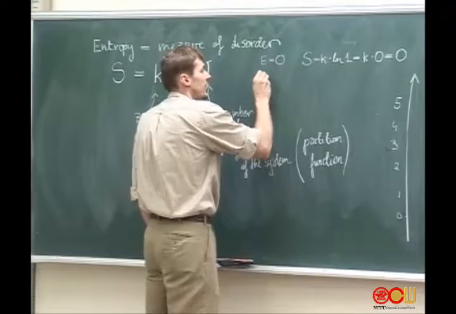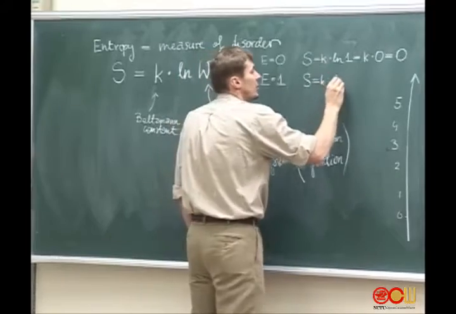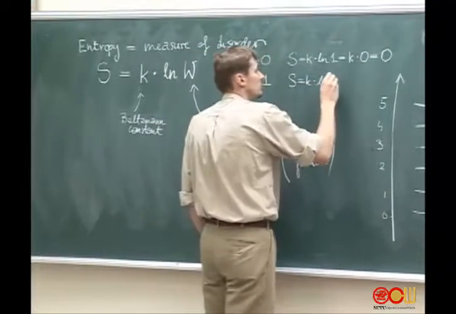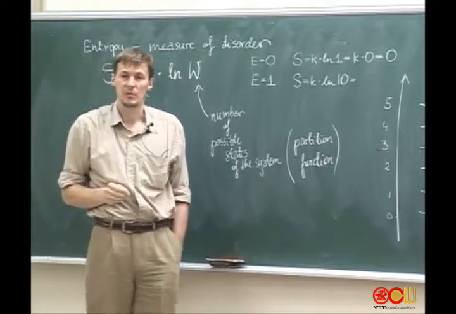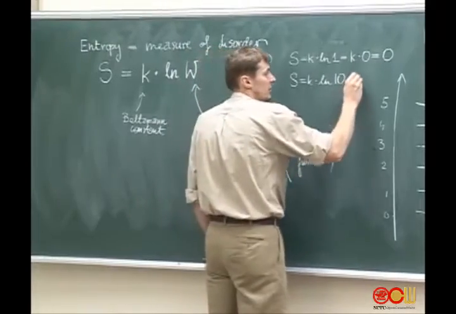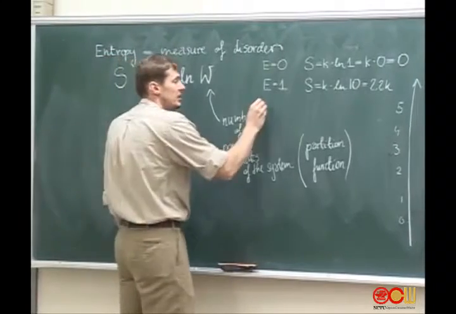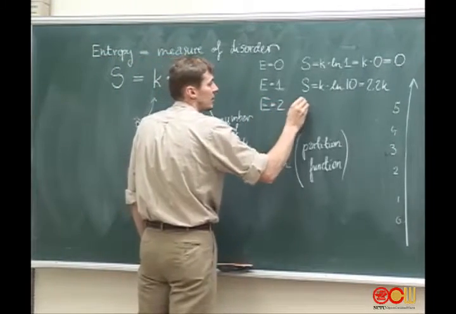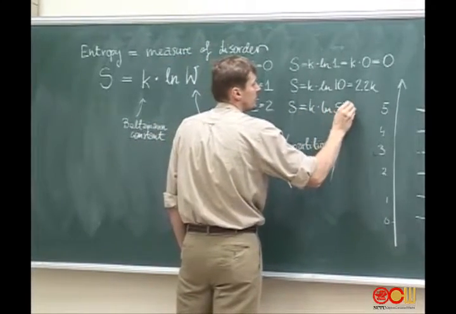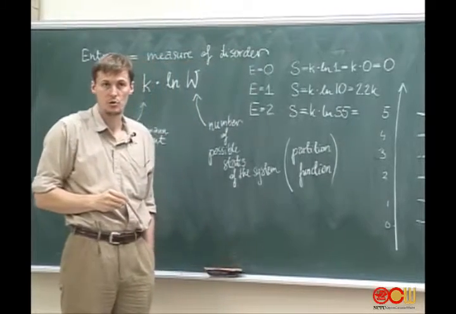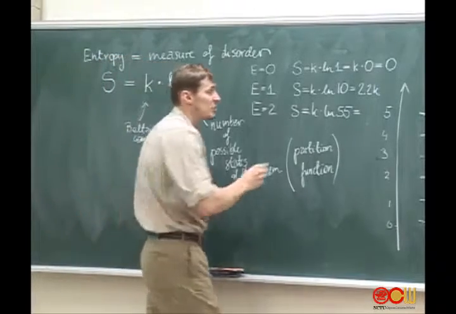What happens if the energy is equal to 1? Then you have S equals k times the logarithm of 10. What is the natural logarithm of 10? It's a bit larger than 2, so you have about 2.3k. What is it for energy 2? S is equal to k times the natural logarithm of 55, which is about 4.0k.